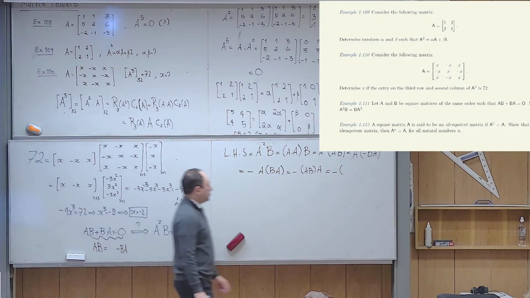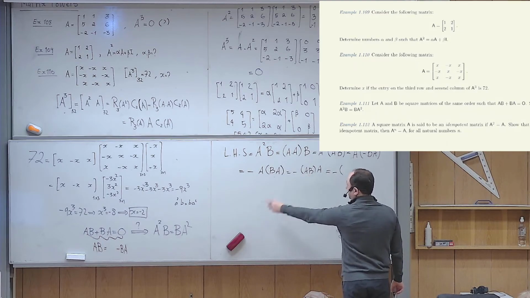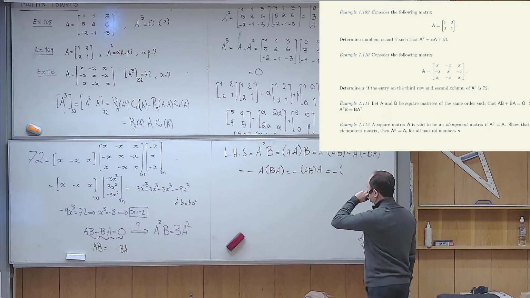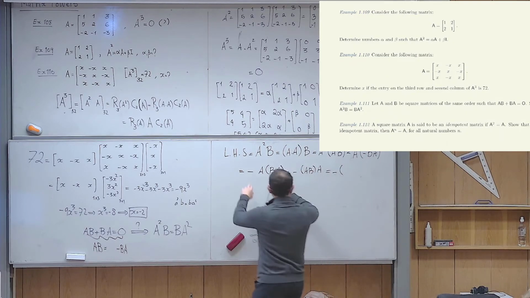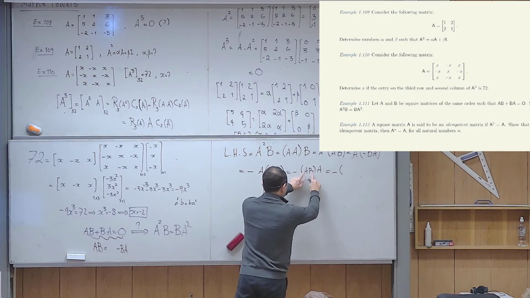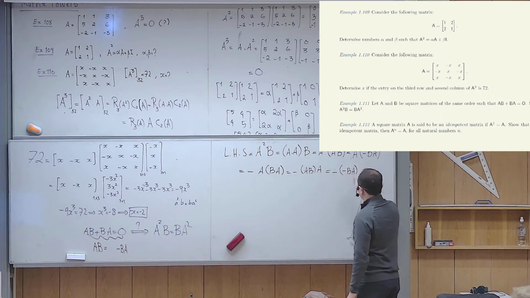So instead of AB, I put minus, I am missing things, yes? It's not working, is it? I think it's working. I'm confused, so I just took this out. Okay, sorry, I have to replace, yes, that's working. Instead of AB, I put minus BA.